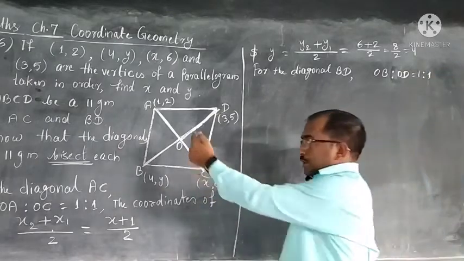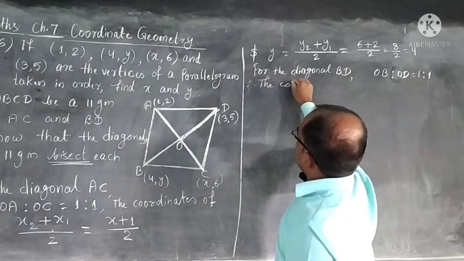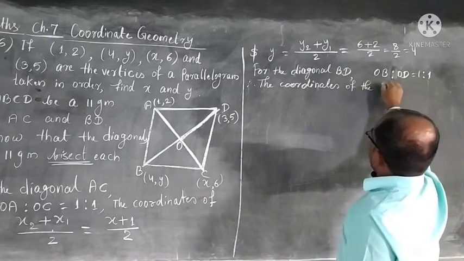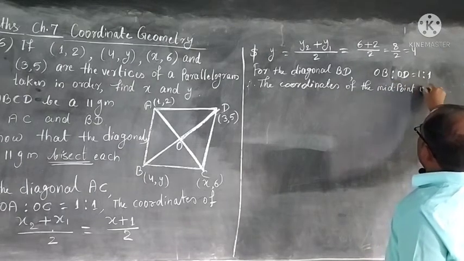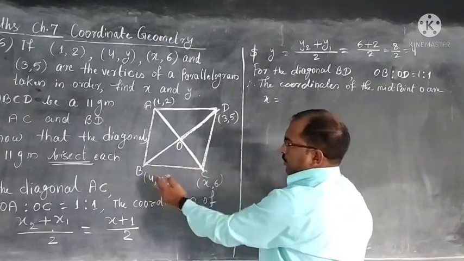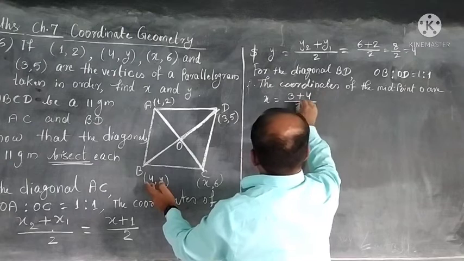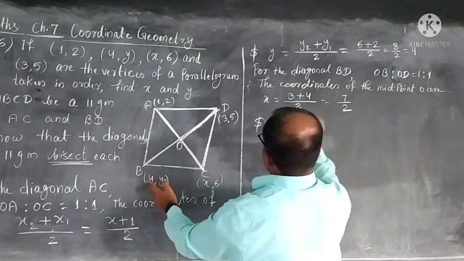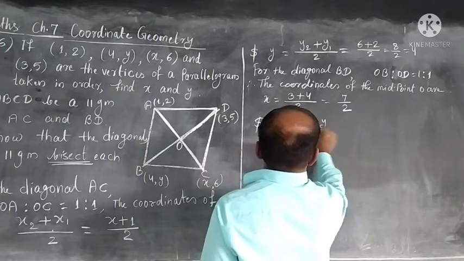Then the coordinate of the midpoint O for BD also: x is equal to (x2 plus x1) by 2, that is (3 plus 4) by 2, which is 7 by 2, and y is equal to (y2 plus y1) by 2, so (5 plus y) by 2.